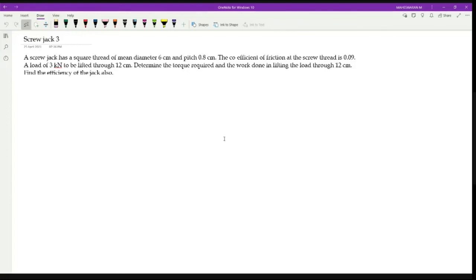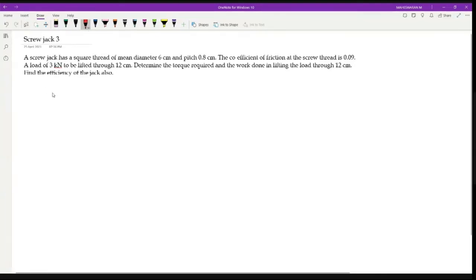A load of 3 kilonewton is to be lifted through 12 centimeter. Determine the torque required and the work done in lifting the load through 12 centimeter. Find the efficiency of the jack also. Can you understand the question? Okay, what are the given data available?